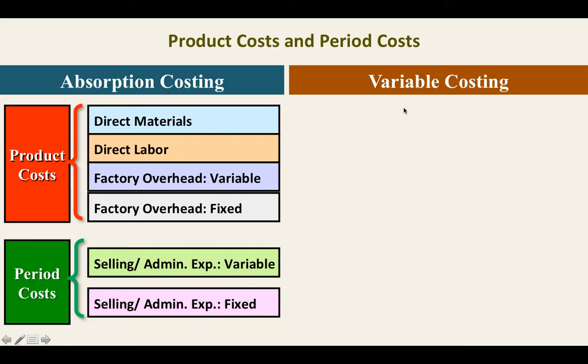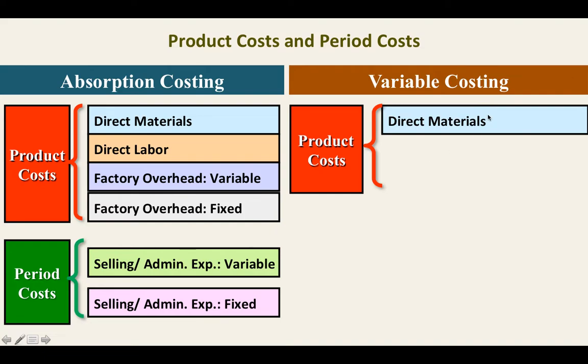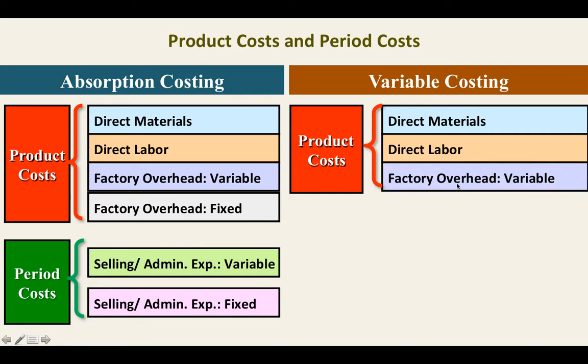Okay? So variable costing, obviously, we will include under the product cost only the variable component. Okay? Like direct materials, variable yan, di ba? Direct labor is variable. And the factory overhead na variable. Yun lang ang composition ng product cost. Okay?